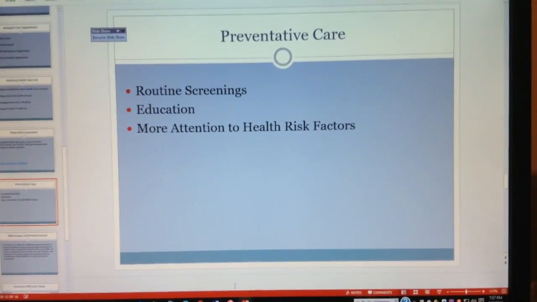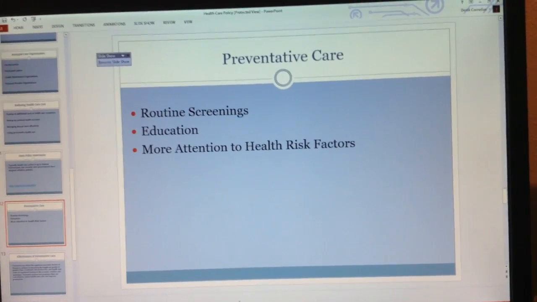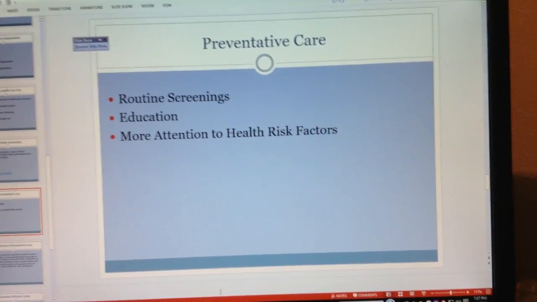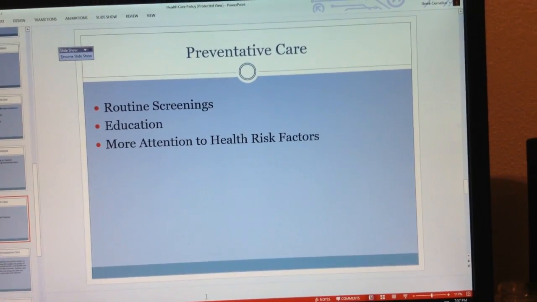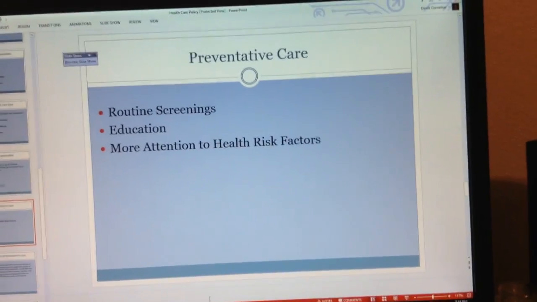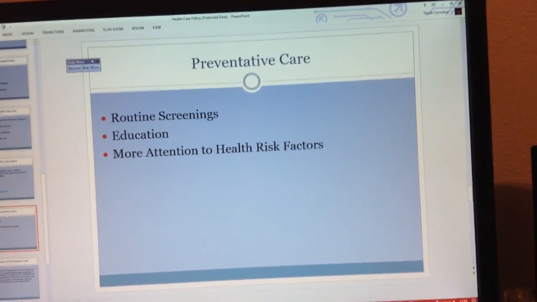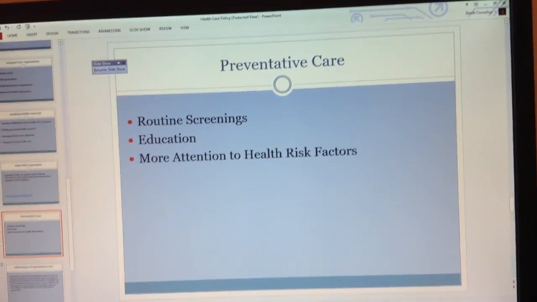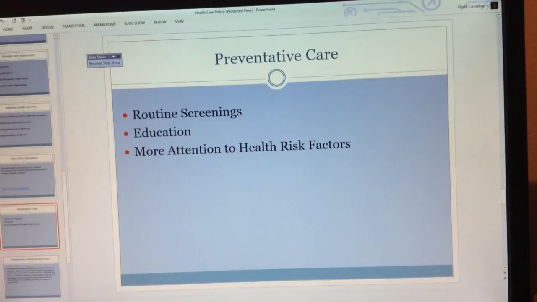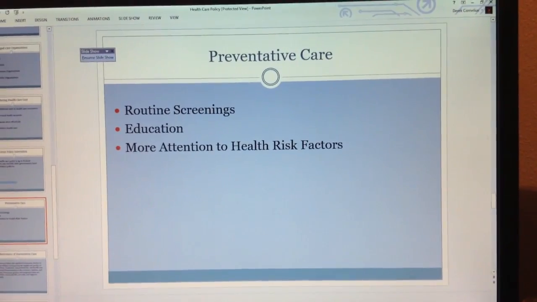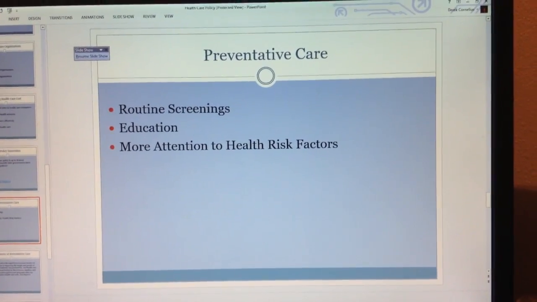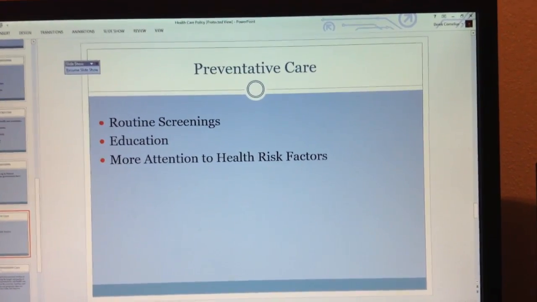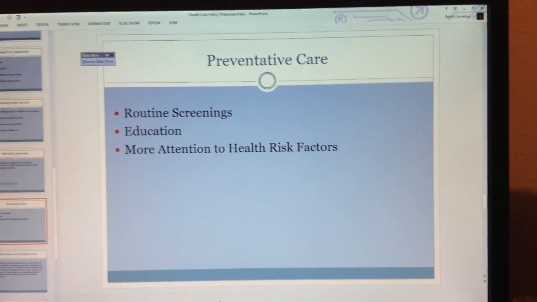Those routine screenings include diabetes, cardiovascular disease, and high blood pressure. The health risk factors include diet, exercise, smoking, and other lifestyle choices. The lifestyle risk factors that are related to illness and premature death include diet and smoking.